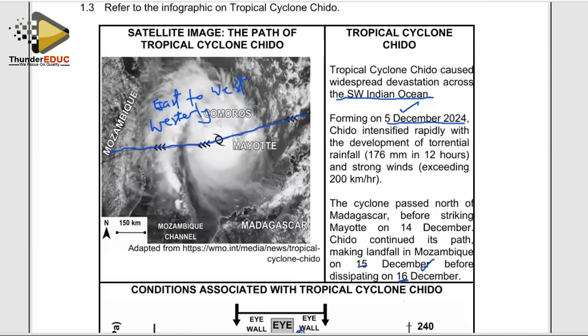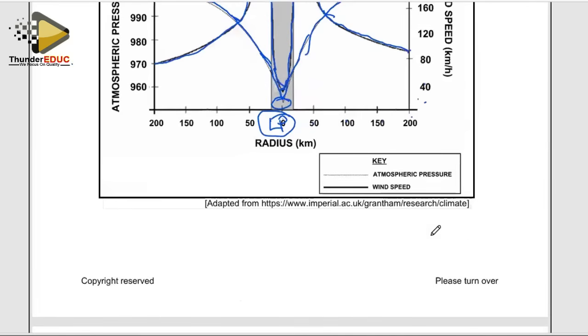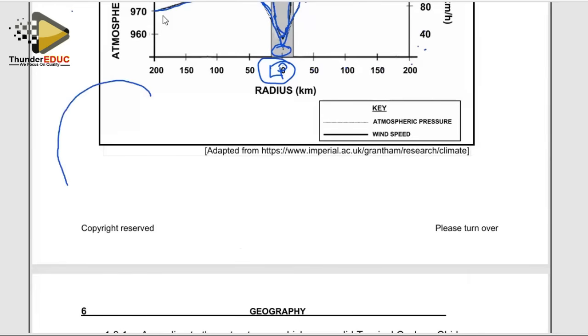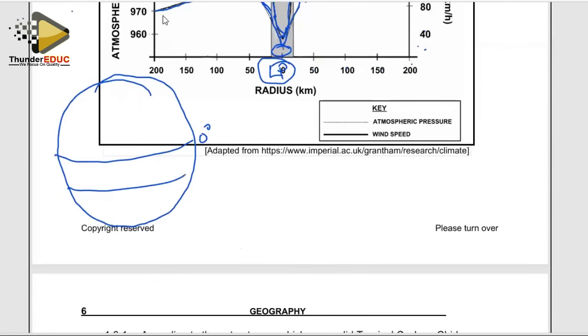If I take you back to the global air circulation, you can quickly remember. I'm just going to make a quick illustration. On our globe we have our equator at 0, our subtropical at 30 degrees to the south, our subpolar at 60 degrees to the south, and at 90 our polar.